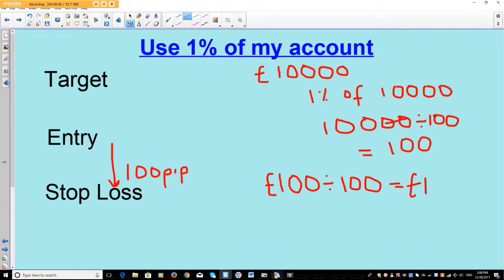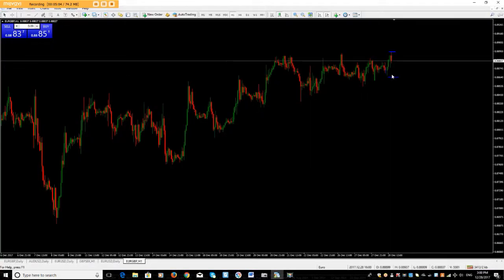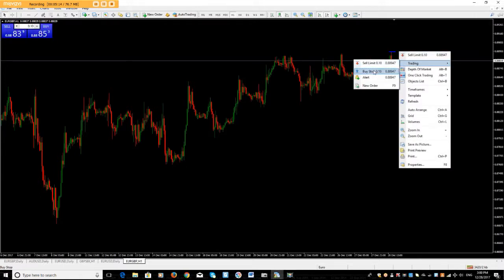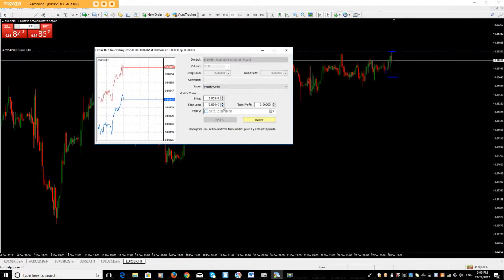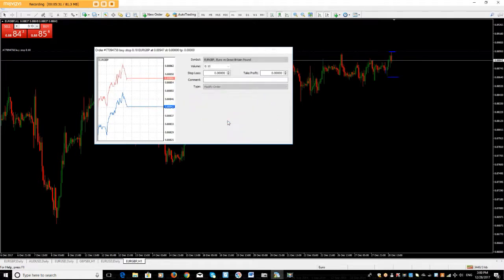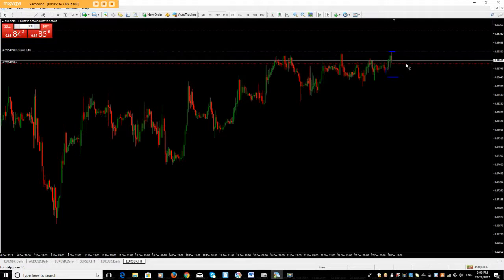Now, if I then put my entry here, and then I modify, because I'm looking to buy at that point, you can just move it down a bit, and then you can pull it to wherever you want it to go after. But remember, guys, this is a trial and error method, because you already established how much you're willing to risk. So don't worry about the target, because we can always set the target after.